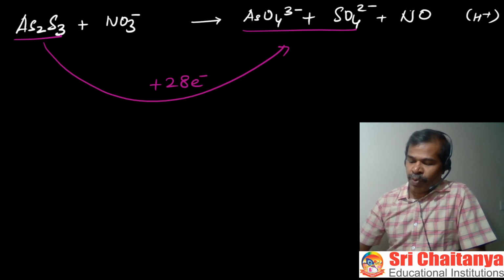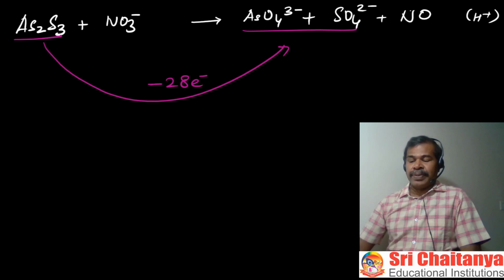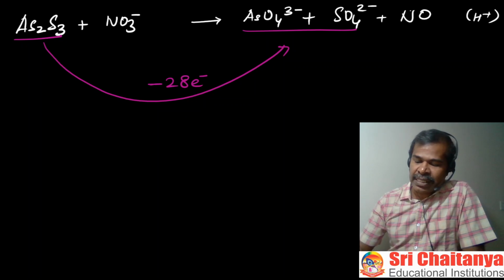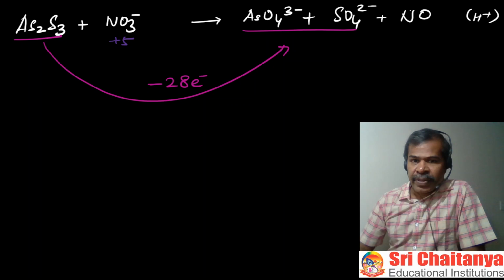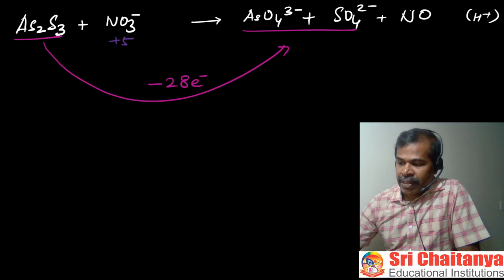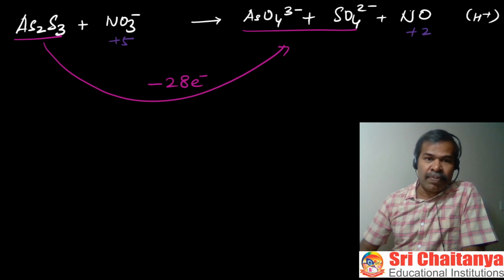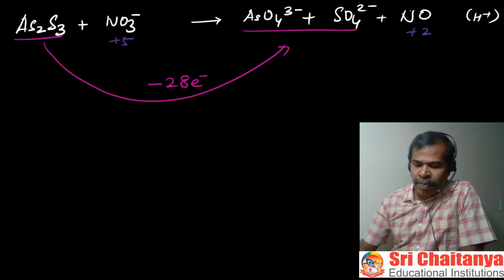They are getting oxidized, so they are losing 28 electrons. Now let us look at this nitrate. What is happening to nitrate? The oxidation state of nitrogen in nitrate is plus 5, and here in NO it is plus 2. From plus 5 it is changing to plus 2.